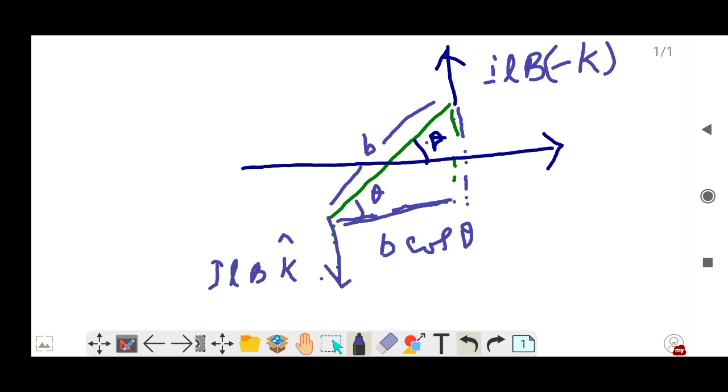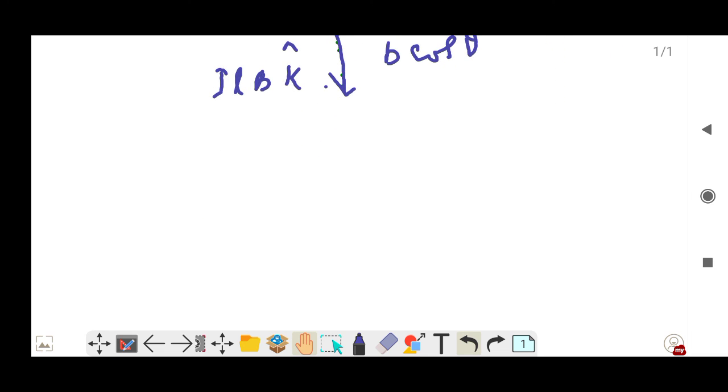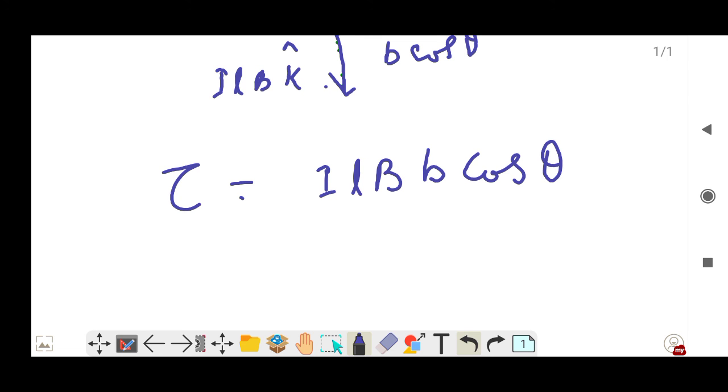And we have a torque because you have two forces separated by a certain perpendicular distance. A torque is acting. You can write torque is equal to the force into the perpendicular distance. The force is I L B. There are actually two forces, so 2 times I L B, into the perpendicular distance between the two forces, that is b cos theta.